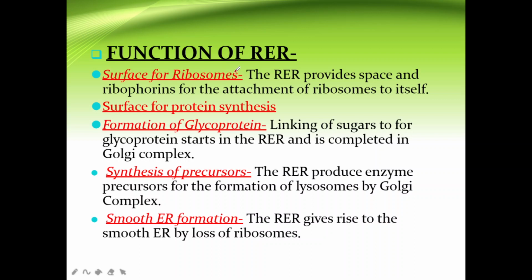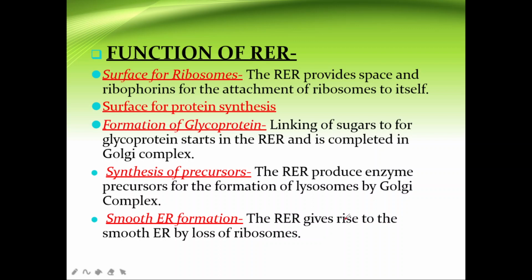The rough endoplasmic reticulum provides a surface for the ribosomes to attach. The RER provides space and ribophorin 1 and ribophorin 2 for the attachment of ribosomes to itself. Surface for protein synthesis: formation of glycoprotein, synthesis of precursors.